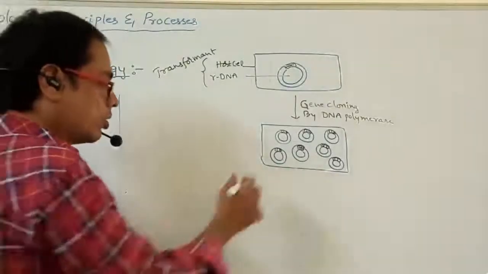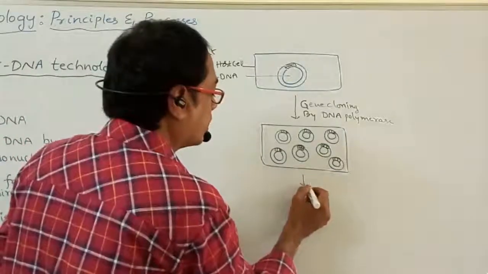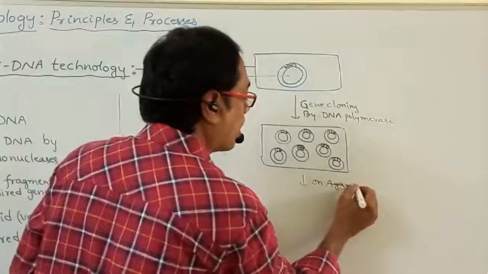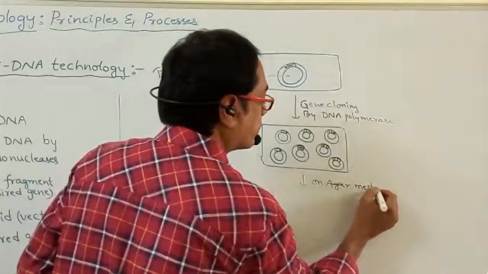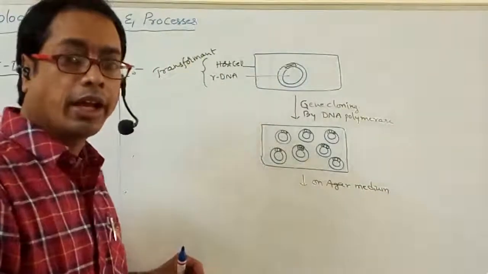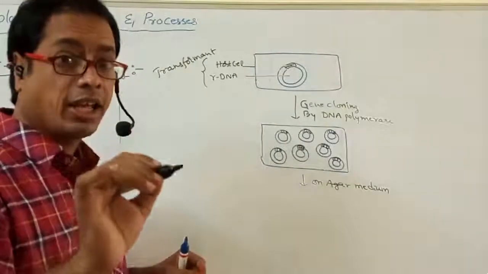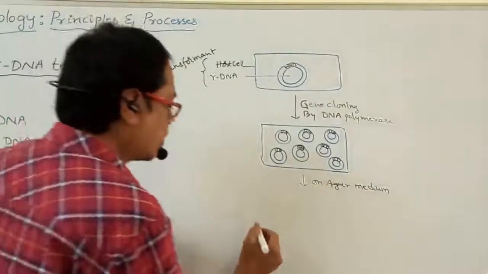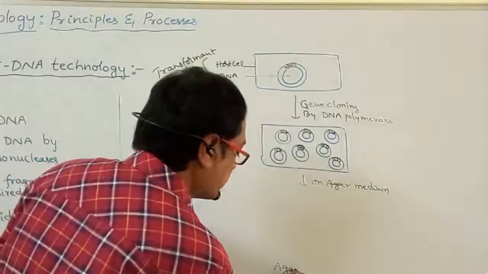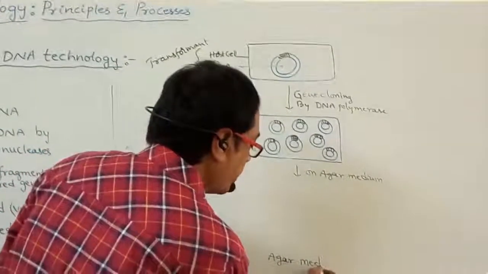Okay. Now this cell is placed on agar medium. Agar is obtained from red algae like Gracilaria and Gelidium. Now this is agar medium.